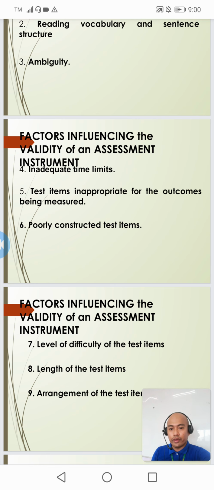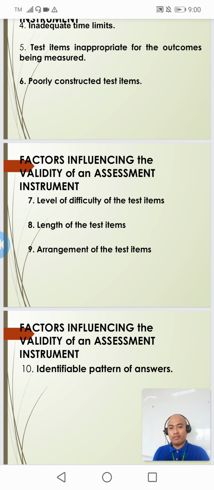For number 7, we need to know or to define the level of difficulty of the test items. So when test items are too easy or too difficult, they can no longer discriminate between bright or poor students. Thus, it will lower or lessen the validity of the test.